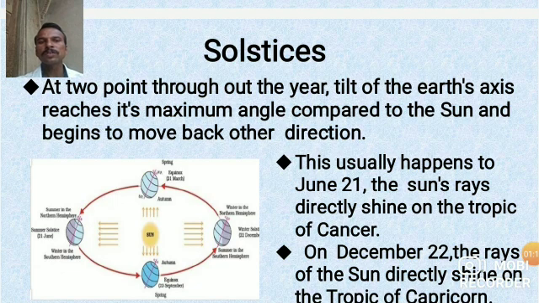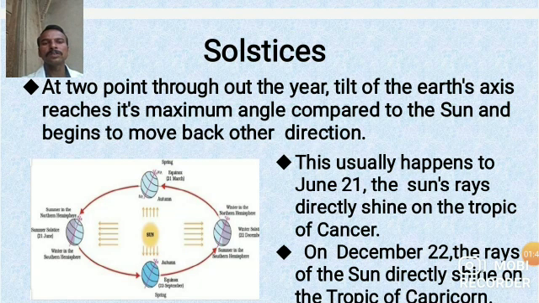The word solstice means to stop, meaning the earth throughout the year has its axis tilt toward the sun, which is the highest point, and from that highest point it moves back to the other direction. That is called the solstice.